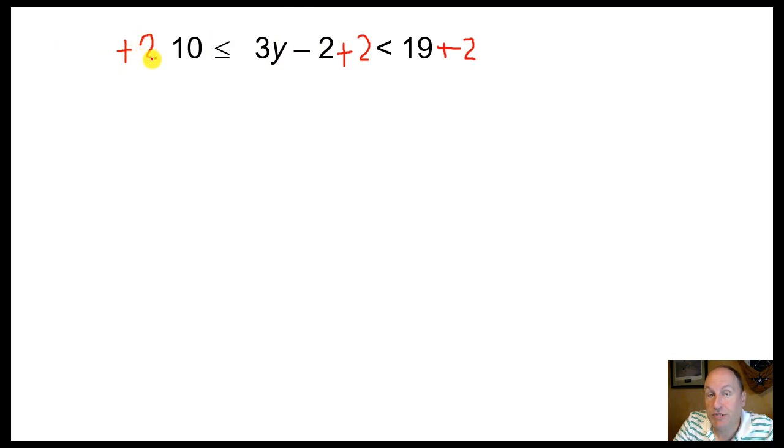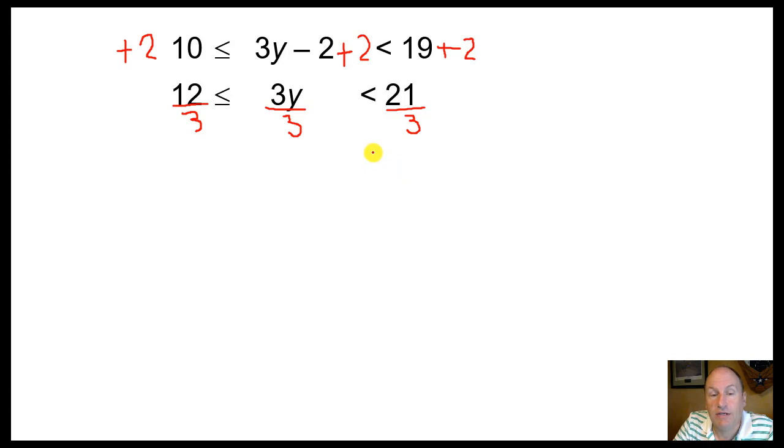So the only difference between this and an equation is that we now have, rather than two sides, 3 different parts.